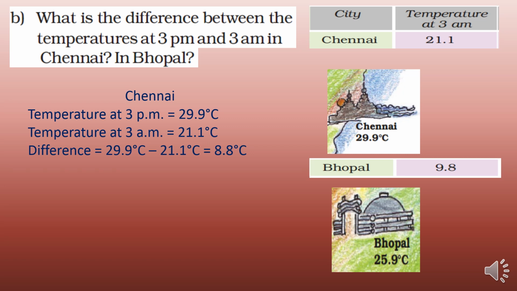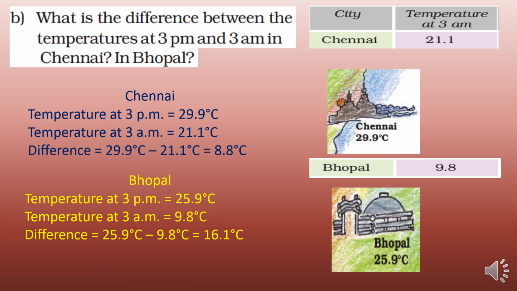Now for Bhopal. Temperature at 3 PM is 25.9 degrees Celsius and temperature at 3 AM is 9.8 degrees Celsius. So the difference will be 25.9 degrees Celsius minus 9.8 degrees Celsius, which equals 16.1 degrees Celsius.